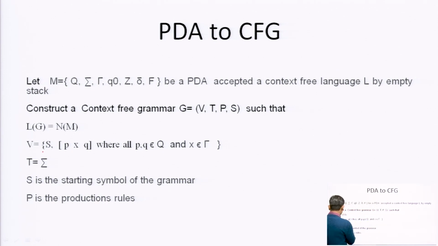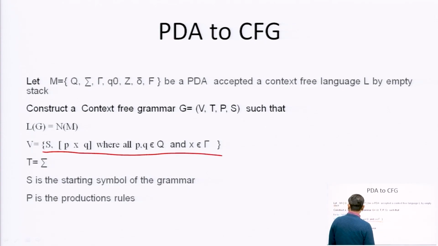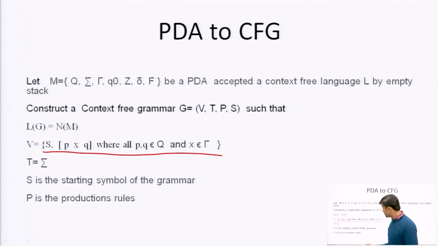V is the set of S and [p X q], where p and q belong to Q and X belongs to the stack symbols, and S is the starting symbol of the grammar. [p X q] is also a variable, you can say a non-terminal. These are all variables.